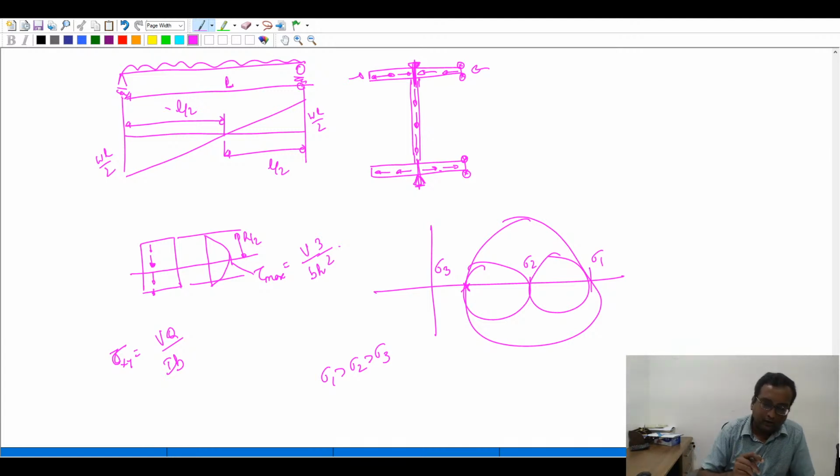No. See, you are confusing the variation of shear force along the axis of the beam with the variation along the depth of the cross section. This is along X, Y and Z. Okay, and this is Y and this is Z. This is the variation of the shear force along the cross section of the beam, and this is the variation of the shear force along the length of the beam.